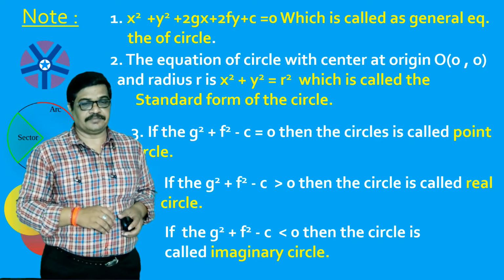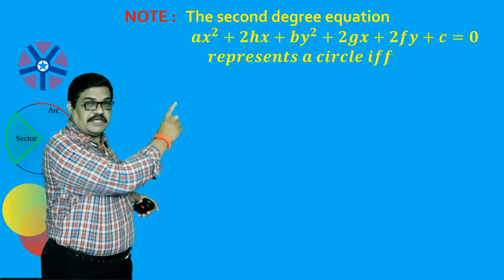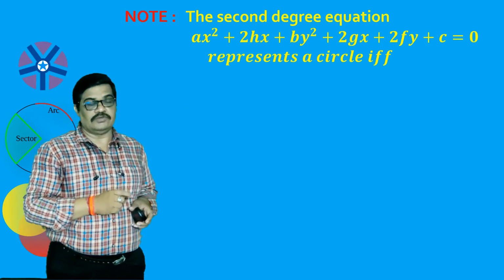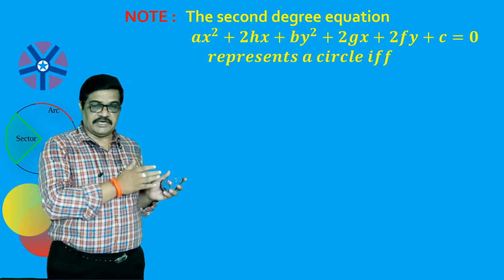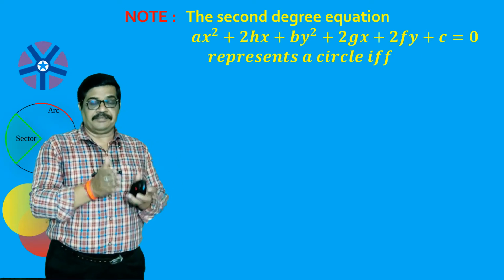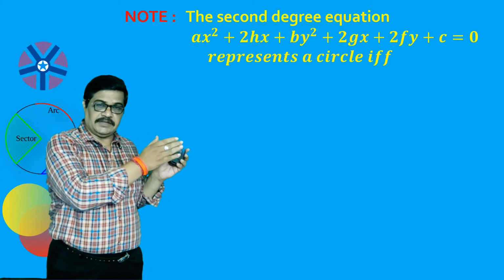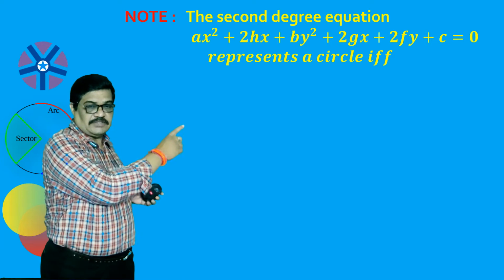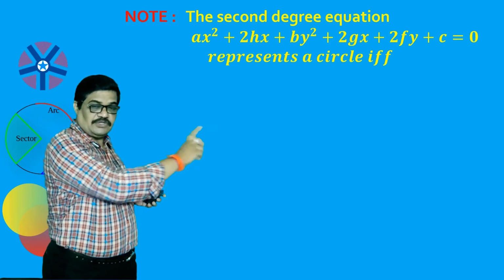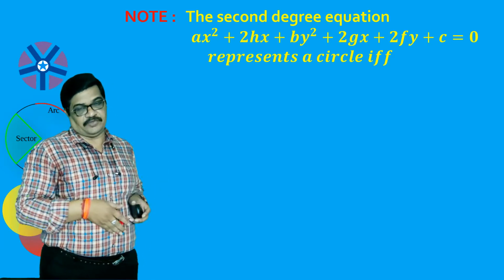Next note: the second degree equation ax square plus 2hxy plus by square plus 2gx plus 2fy plus c is equal to 0 represents a circle if and only if certain conditions hold.